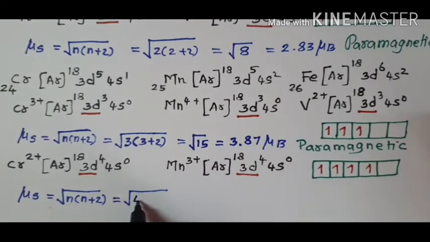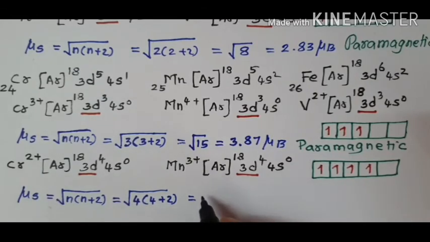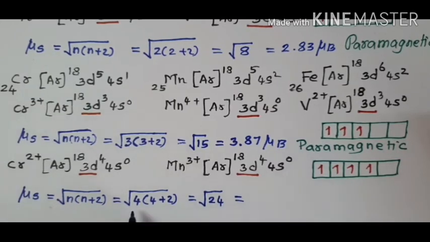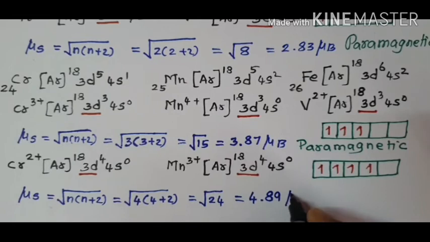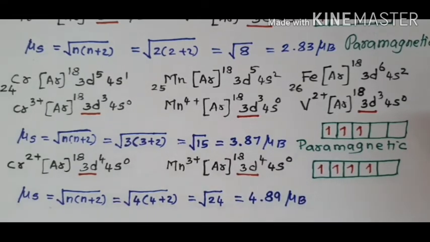So 4 into 4 plus 2 equal to 4 into 6, 24. Root 24 is equal to, if the number of unpaired electrons is 4, the answer starts with 4: 4.89 Bohr magneton.